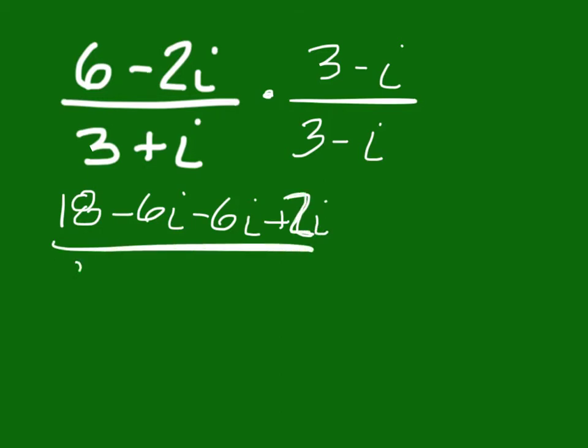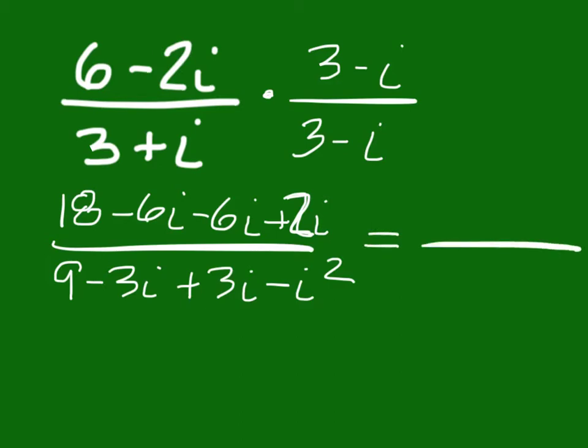On the bottom, you would have 9 minus 3i plus 3i minus i squared. On the top, there should be a square symbol there. There we go. i squared is -1.